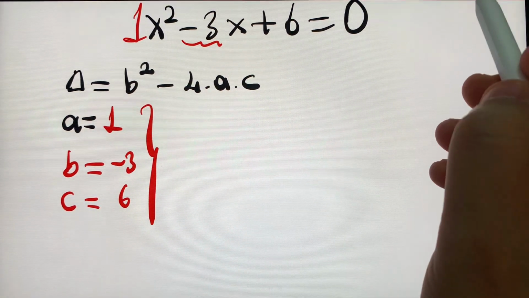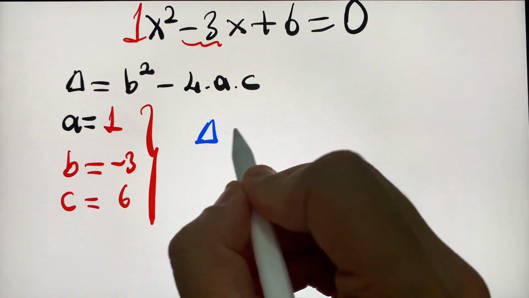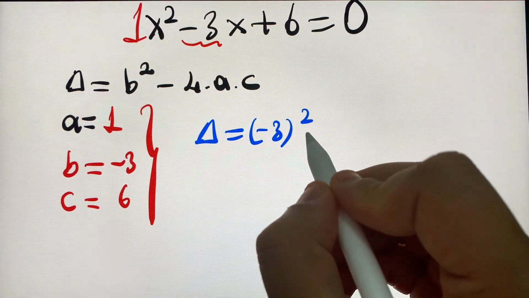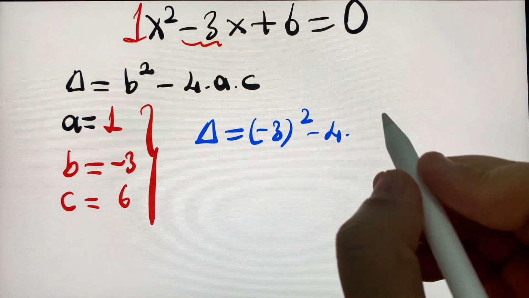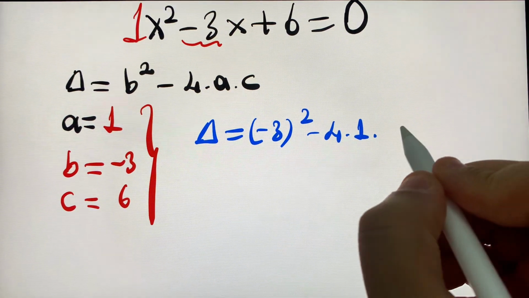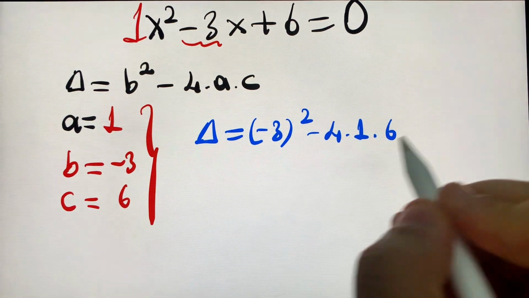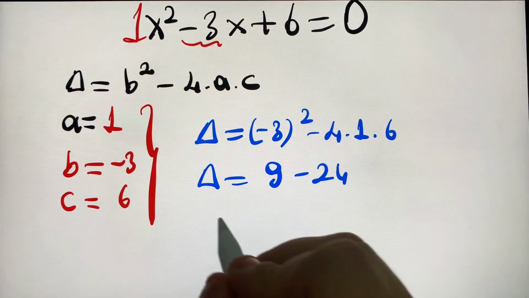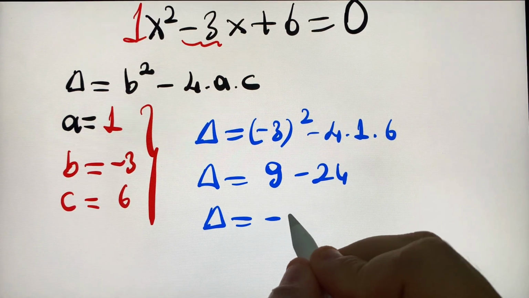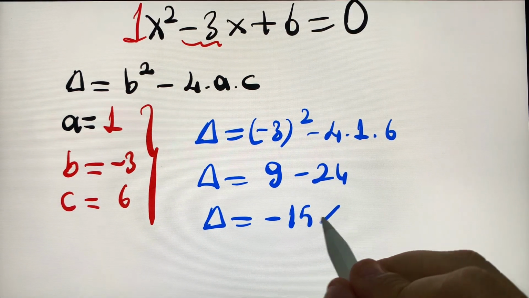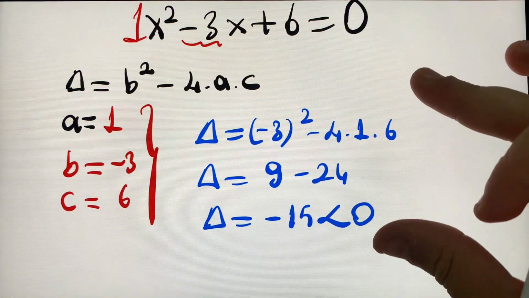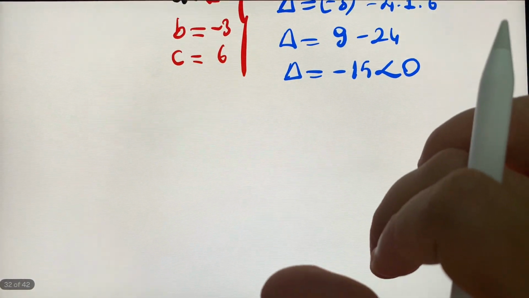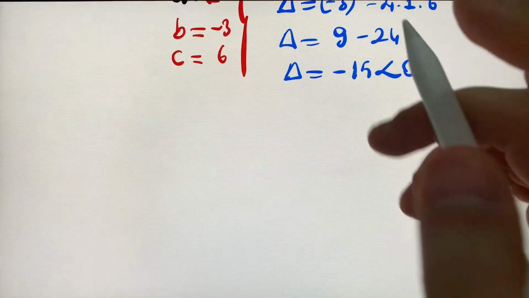If I write them in delta now, delta equals minus 3 squared minus 4 times 1 times 6. Delta equals 9 minus 24, which is minus 15, smaller than 0 now. Delta being smaller than 0 means the roots are not real, they are complex.